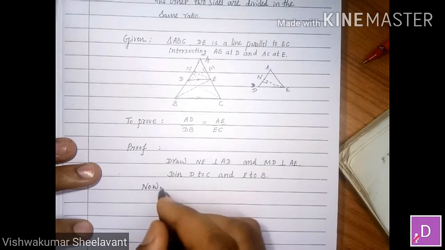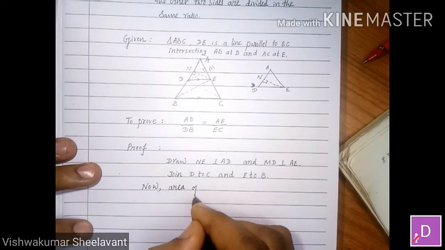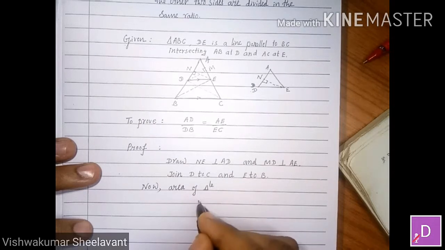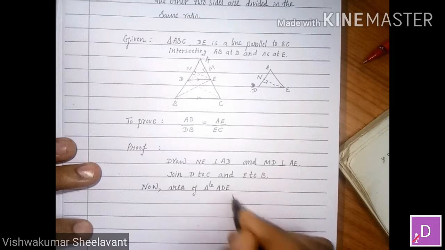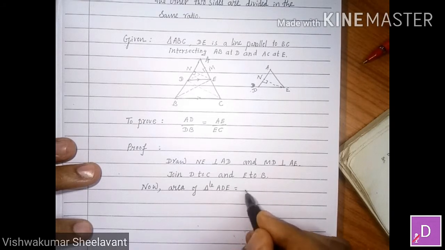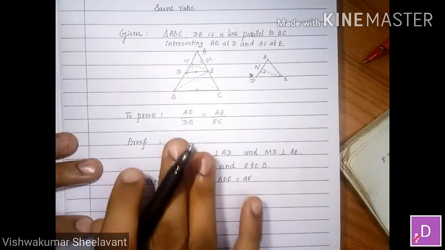Now area of triangle ADE, you have used notation like this: AR in bracket, is it right?